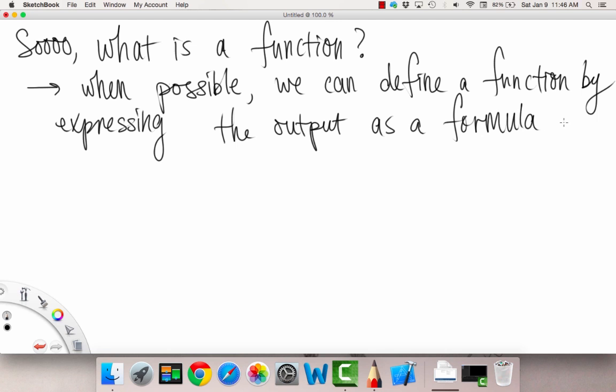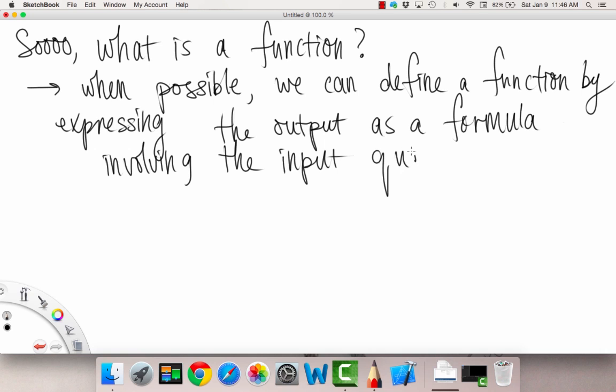So as a formula involving the input quantity, okay? And I'll show you guys an example of this.